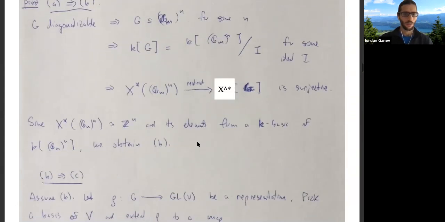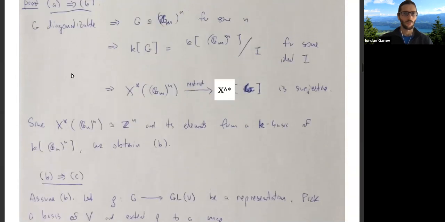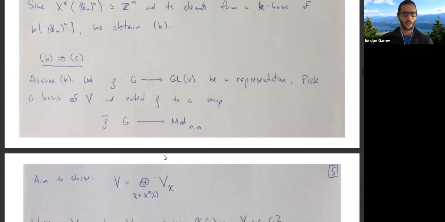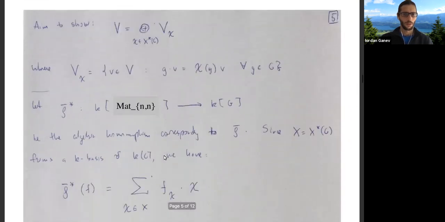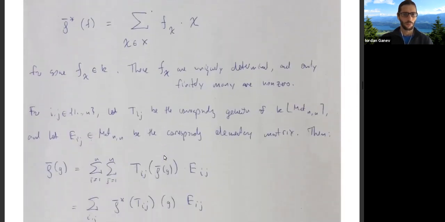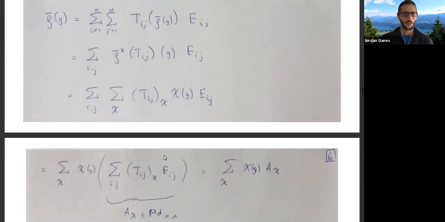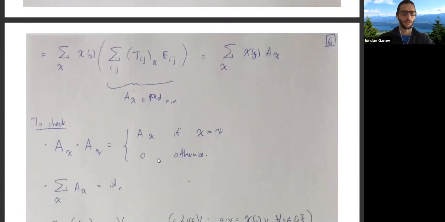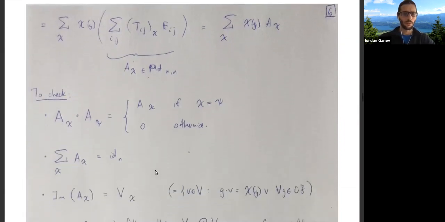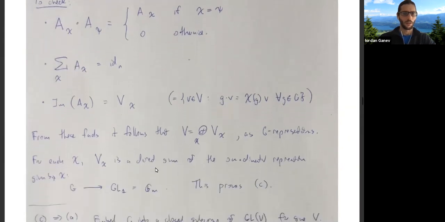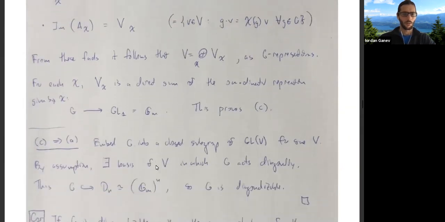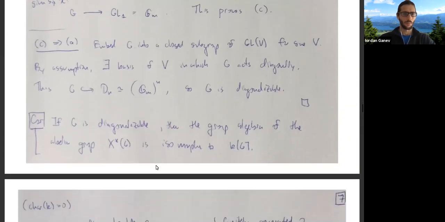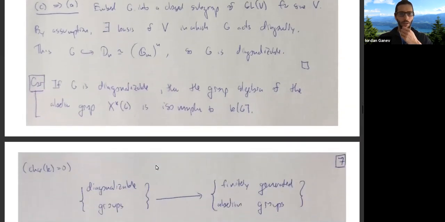I sent an email to clarify the first part of the proof, A implies B. Hopefully that makes sense now. Then we had B implies C, which was maybe a bit opaque with these matrices A sub chi, but if you sit down and work through all the notation, it's fairly straightforward. And C implies A was pretty easy.